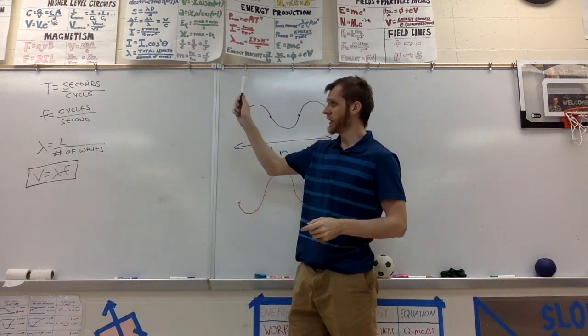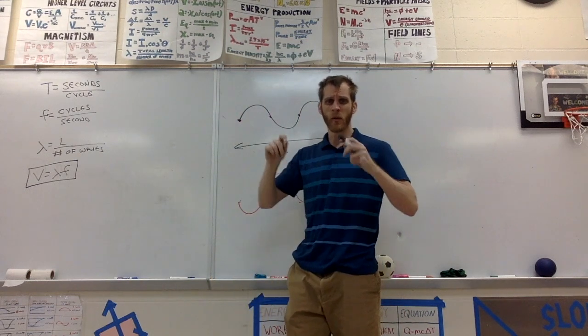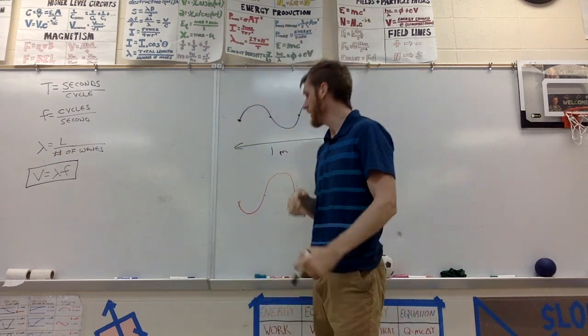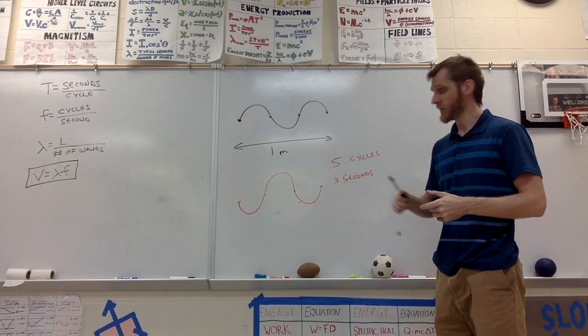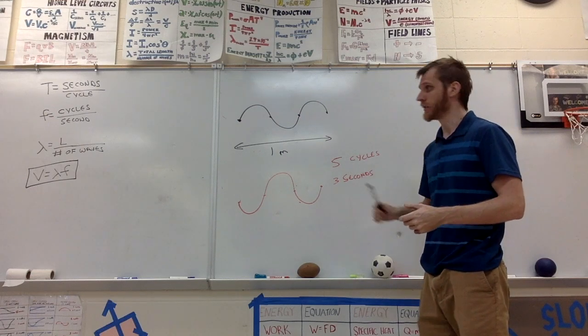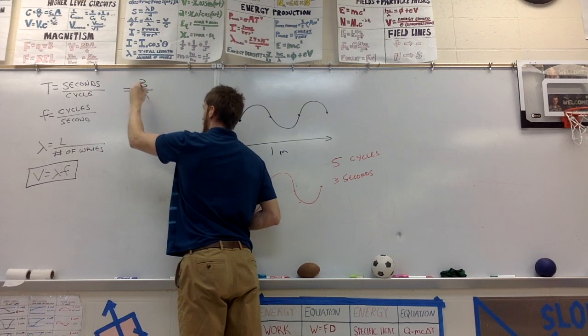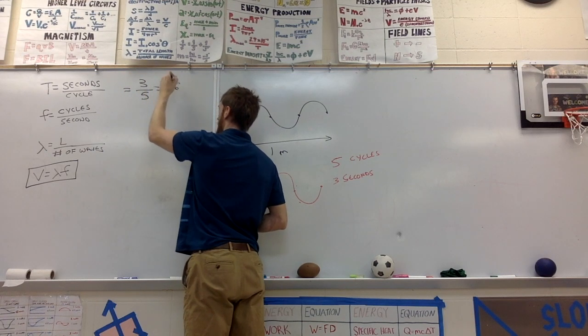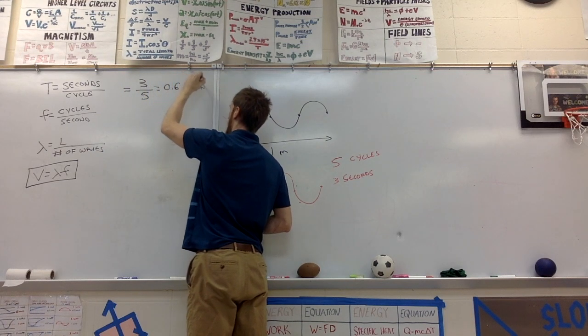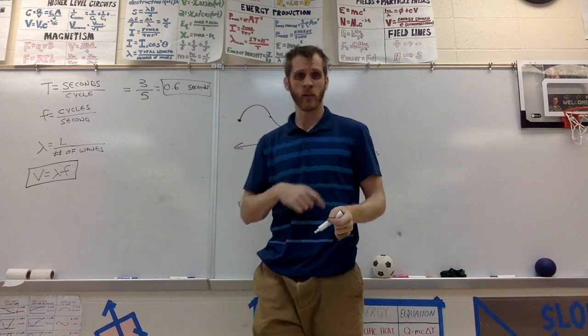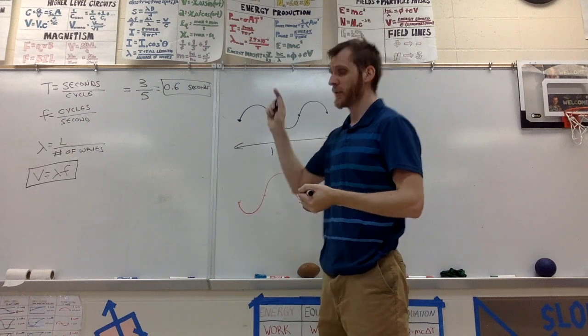Let's start with the period. What is the amount of time it takes for that wave to go up and down? That's what the period is. Period is just seconds per cycle. So I take 3 seconds divided by 5, and you get 0.6 seconds per cycle, or 0.6 seconds for short. So the period is 0.6 seconds. What's my frequency?